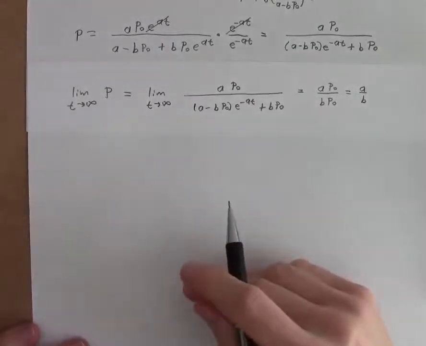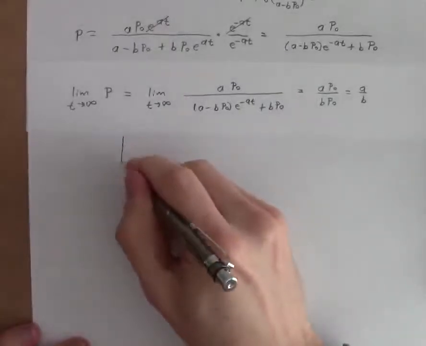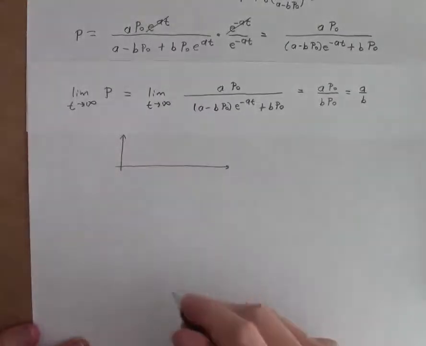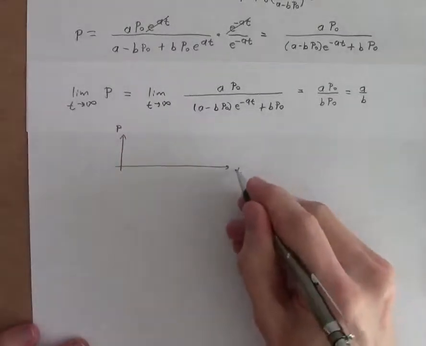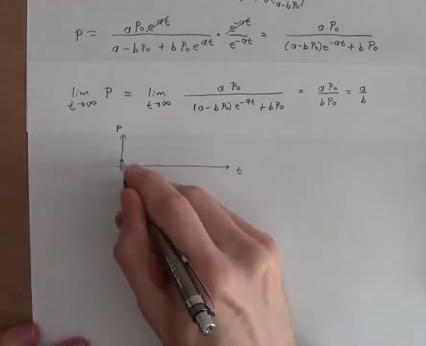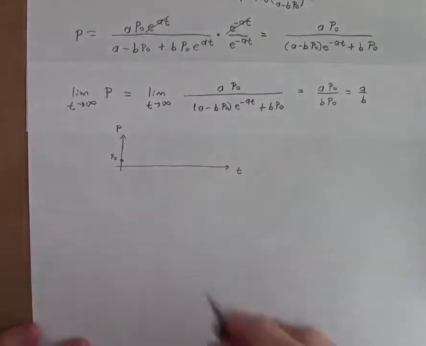or those call it the limit of the population. So if we make just a very rough sketch of the solution, we'll have p on the vertical axis and t on the horizontal. The population begins at some initial value, which we're calling p sub 0.